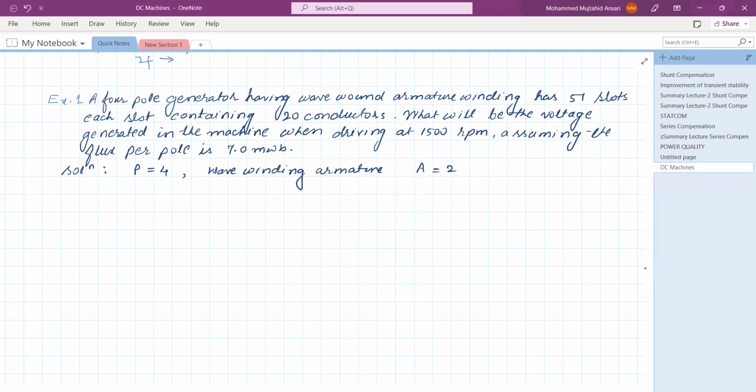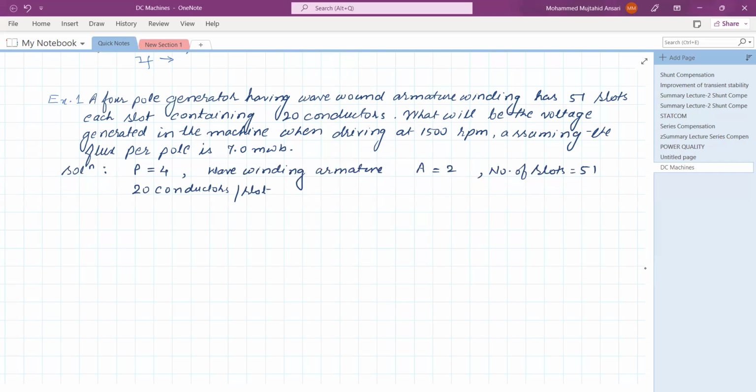Now, how many slots are there? The number of slots is equal to 51, and 20 conductors per slot, so one slot carries 20 conductors. What will be the voltage generated in the machine?